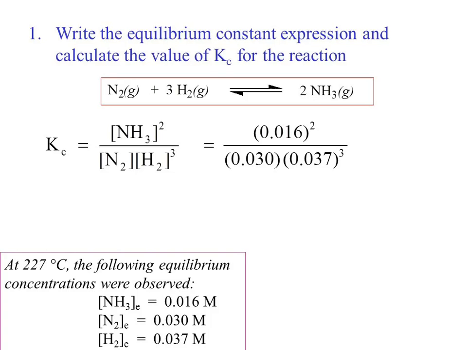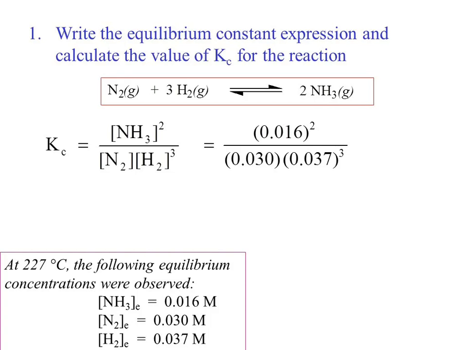I think we're probably okay with how we came up with the initial expression. For the equilibrium constant expression, look at the products, which is only 1, raised to the stoichiometric coefficient, divided by the reactants, raised to each of their stoichiometric coefficients. This is a really good way to do this problem.